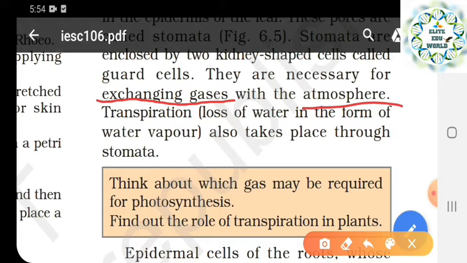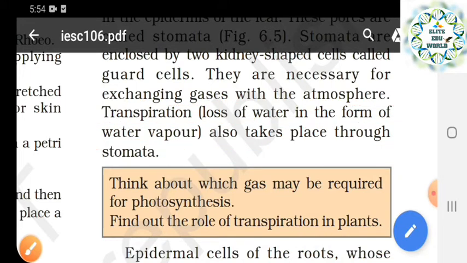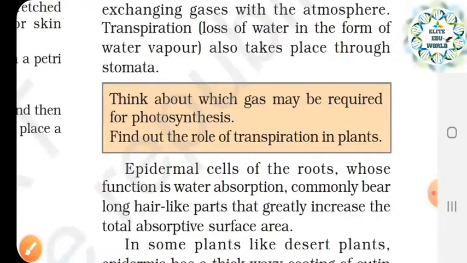Second, it is also important in transpiration, that is water loss in the form of water vapor. Both things take place through the stomata only. That is why the stomata is very important in the plant, and it is present on the aerial side.